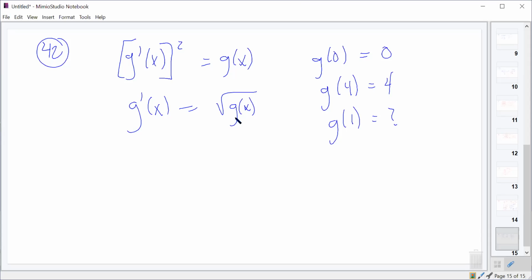And let's see here. So if we want to, let's see, yeah, if we want to integrate this, that won't work out so great. Let me think about this one for a second here.